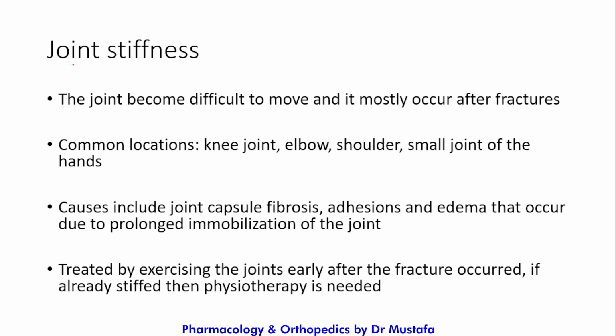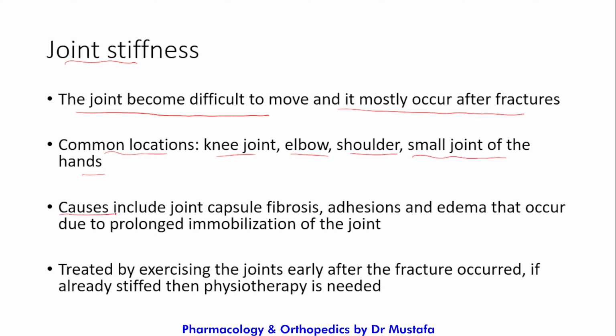So let's start with the joint stiffness. The joint becomes difficult to move, and it mostly occurs after fractures. So it's basically difficulty in moving the joint. Common locations for stiffness are the knee joint, the elbow, the shoulder, and the small joints of the hands.